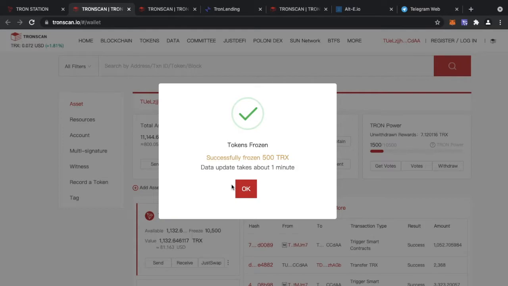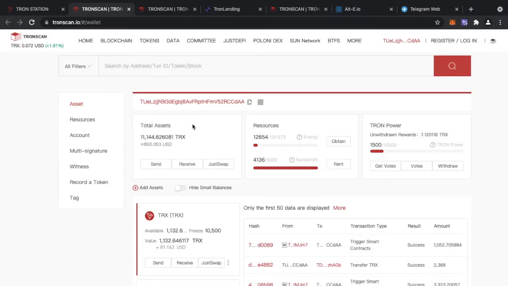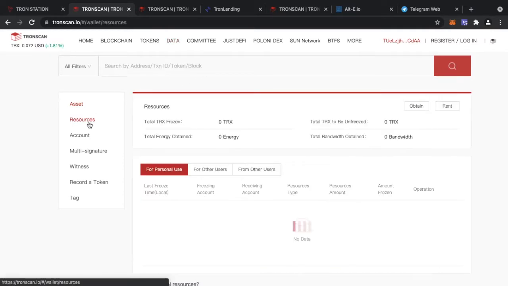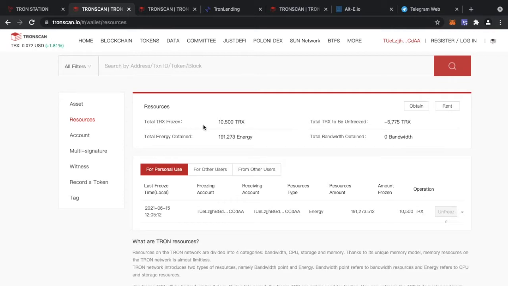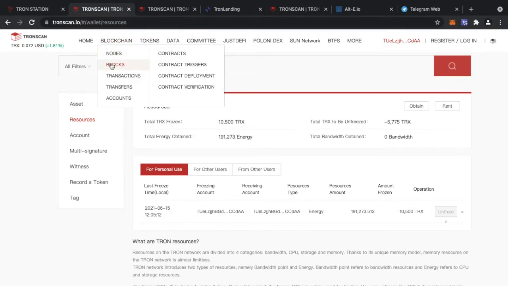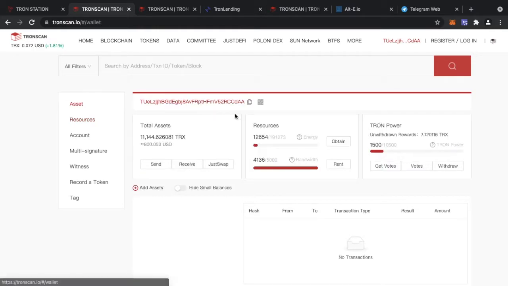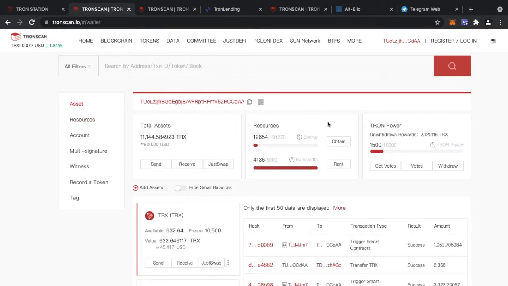You press OK, and then once you refresh back to your resources page, you can see that the total TRX frozen is 10,500 and your total energy obtained is 191,273. And then if you go back to your asset page, you can see currently that's my resources. This recharges every 24 hours.